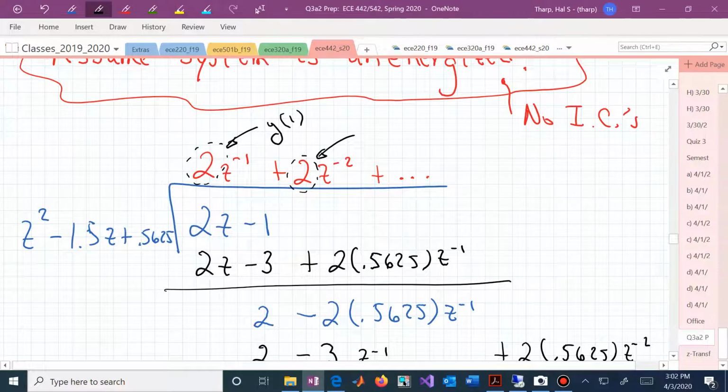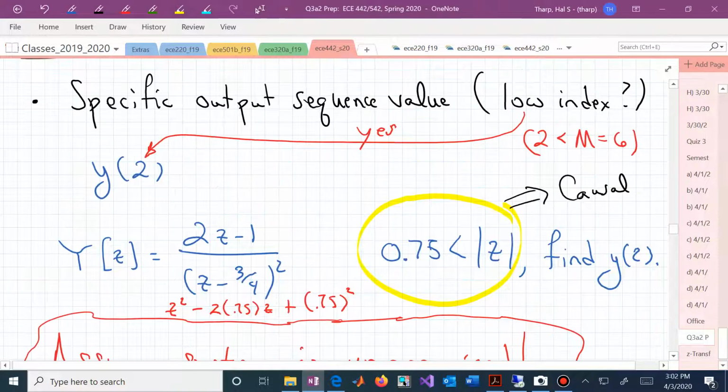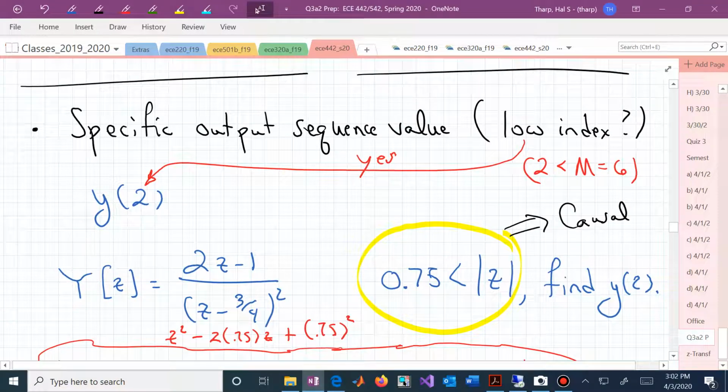Remember, z to the minus 1 is 1 delay, z to the minus 2 is 2 delays, and in this case you had the same numerical value for y of 1 and y of 2. In general, that is not the case. But that's how you could quickly do this, instead of having to inverse z transform this capital Y of z expression, which you might need to do if it wasn't a low index expression.